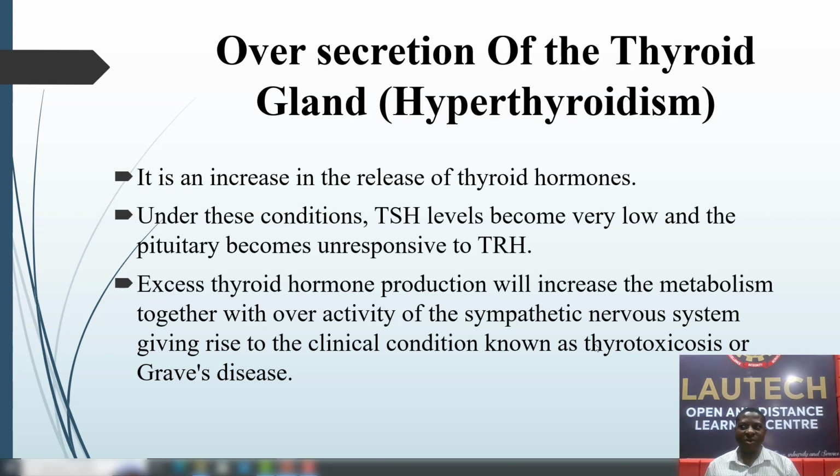Under these conditions, thyroid stimulating hormone level becomes very low and the pituitary becomes unresponsive to thyroid releasing hormone, TRH. Excess thyroid hormone production will increase the metabolism together with overactivity of the sympathetic nervous system, giving rise to the clinical condition known as thyrotoxicosis or Graves.